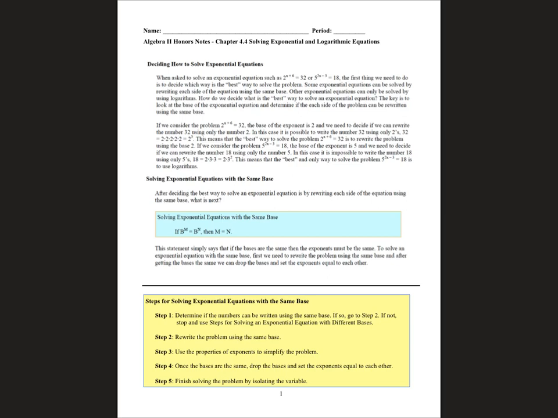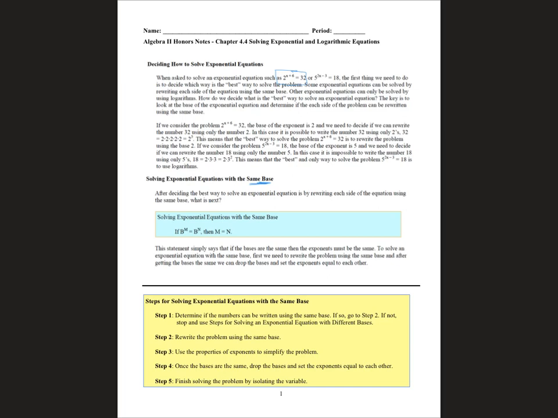At the beginning of the notes, you will see some information that will allow you to better determine how to solve exponential equations. For example, you see this exponential equation. If there is a way to rewrite each side of the equation with the same base, then all you have to do is equate the exponents and solve for the unknown.